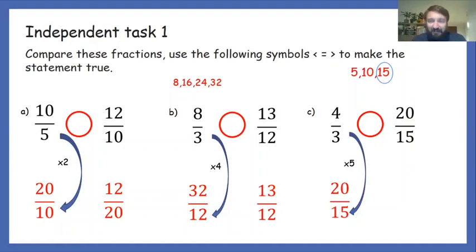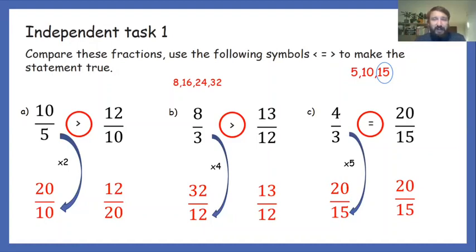Okay, and then let's put in the symbols. We have 10 over 5 is greater because it gives us 20 over 10. Yep, you got it. 8 over 3 gives us 32 over 12. And then finally, that last one, they are of equal value right there.